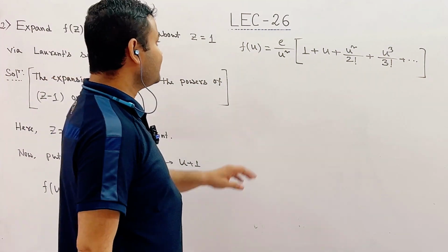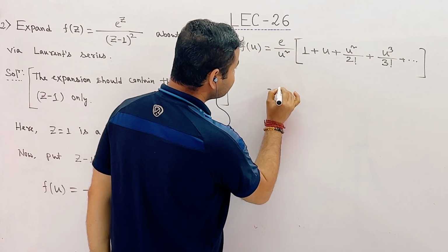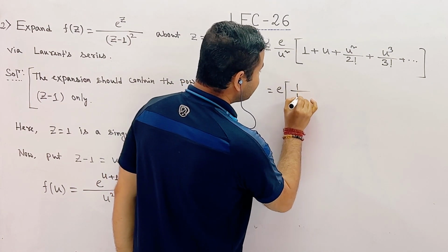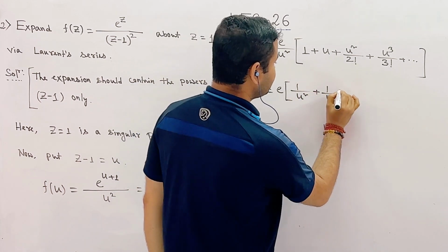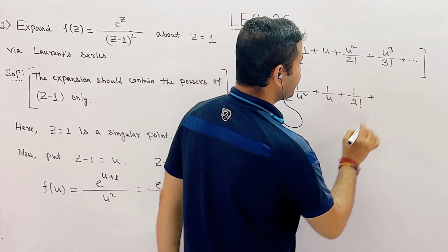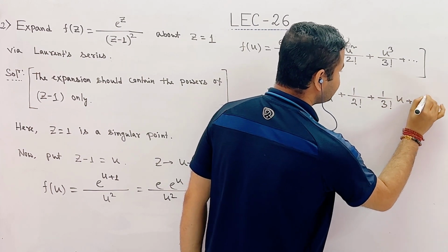Now let us multiply this term with 1 by u square. So finally, we will get e into 1 by u square plus 1 by u plus 1 by 2 factorial plus 1 by 3 factorial into u plus dot dot dot.